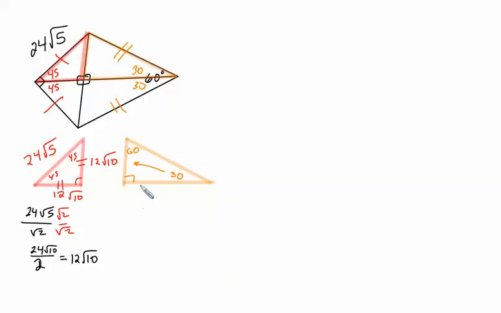This would be a 60. Now you take the shorter leg and multiply by radical 3 to get the longer leg. So in this triangle, the longer leg is going to be 12 radical 30. And you also take the shorter leg and multiply it by 2 to get the hypotenuse. So the hypotenuse is 24 square root of 10.